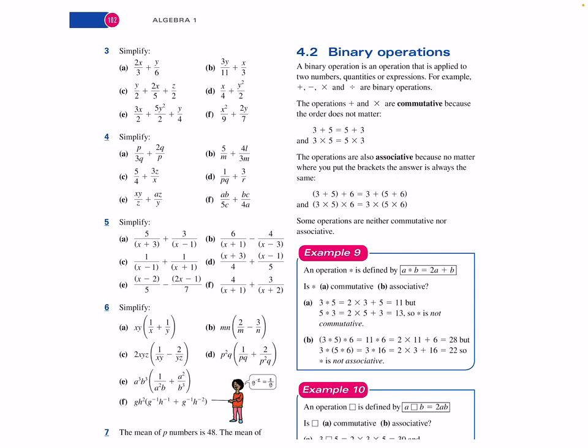If you need more practice, I am here because I love you. So, 3 and 4. Yes? 3 and 4. A and B.